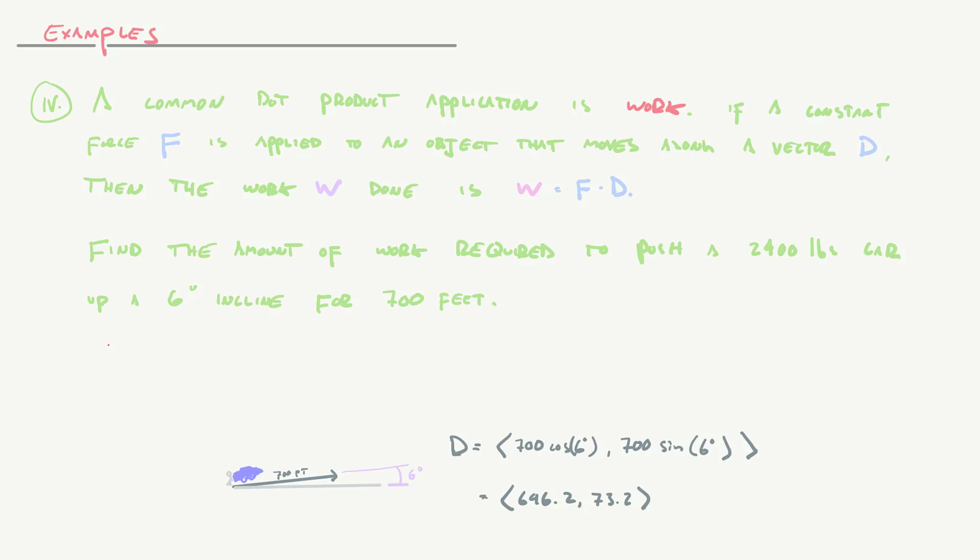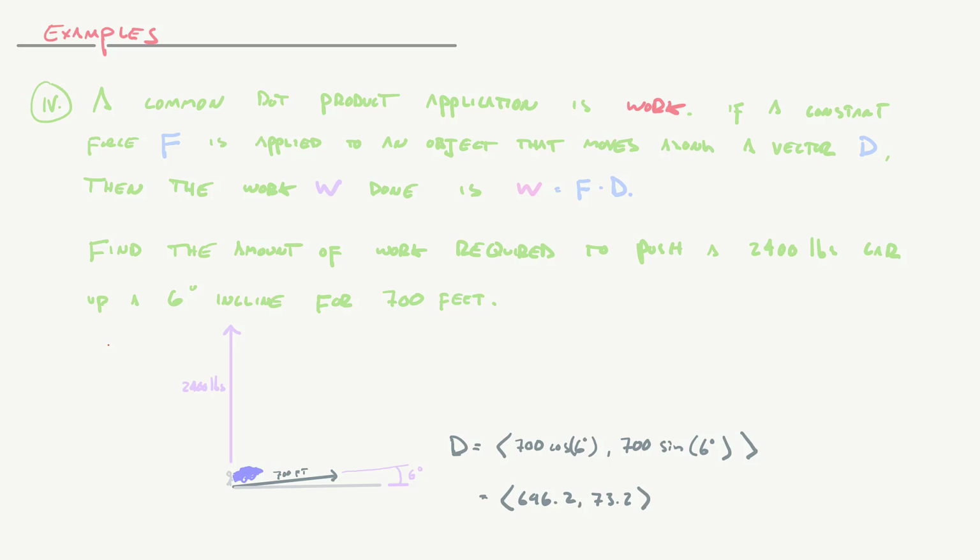Now, for us to actually push this car, we have to overcome the weight of it. So we're working against gravity here. You would think, okay, well, it's 2,400 pounds, right? And gravity's already making it that heavy. We have to overcome that though. So the vector that we're working with is actually a vector that's pointing up. It's got a 90-degree direction angle.